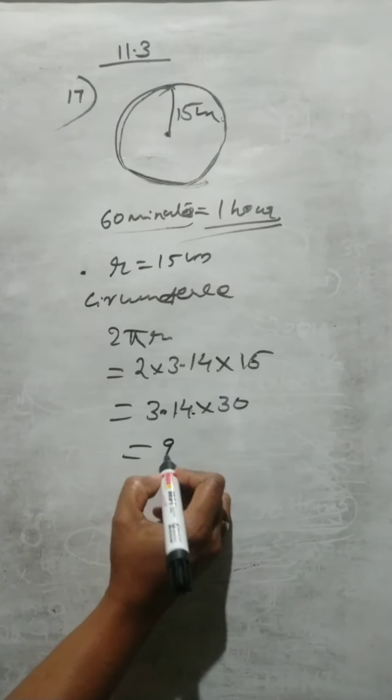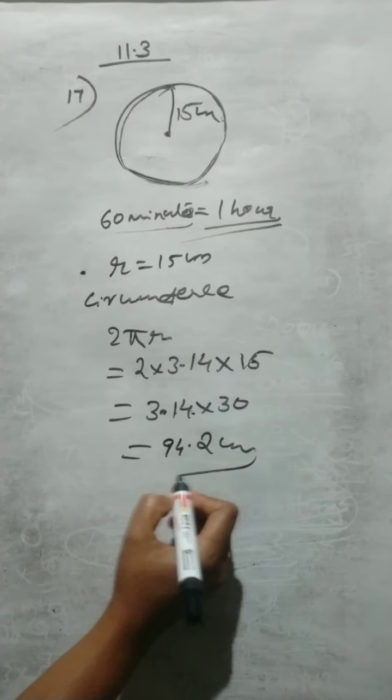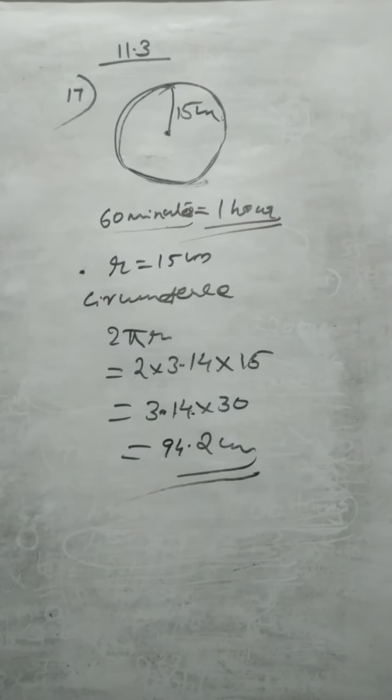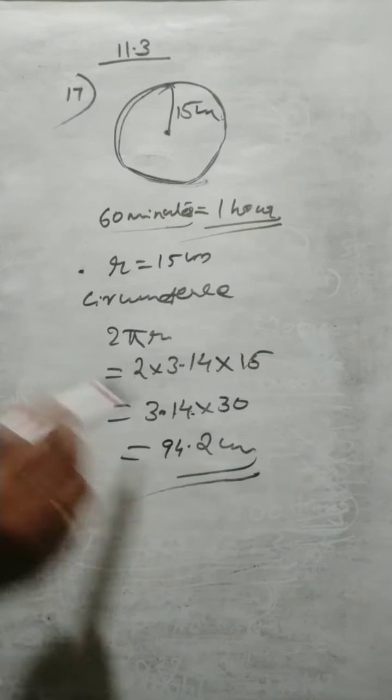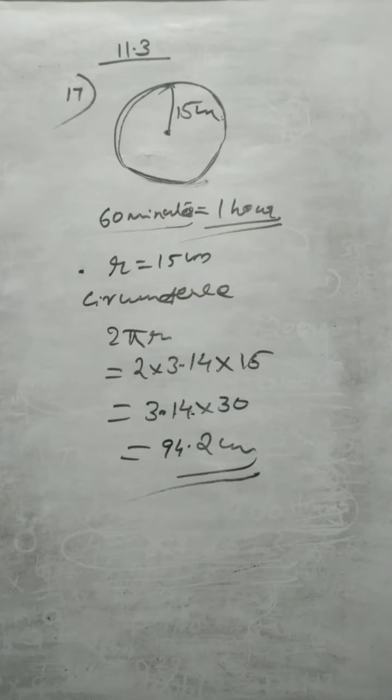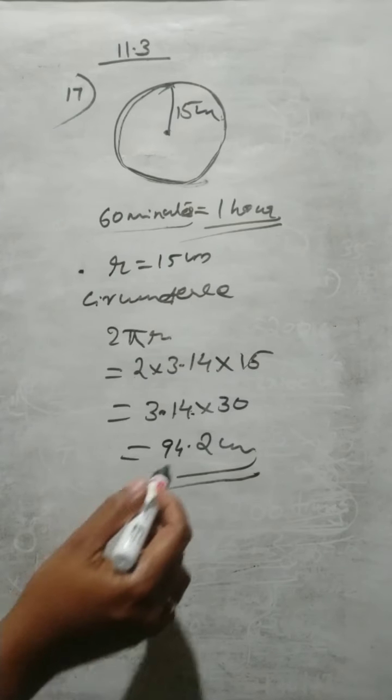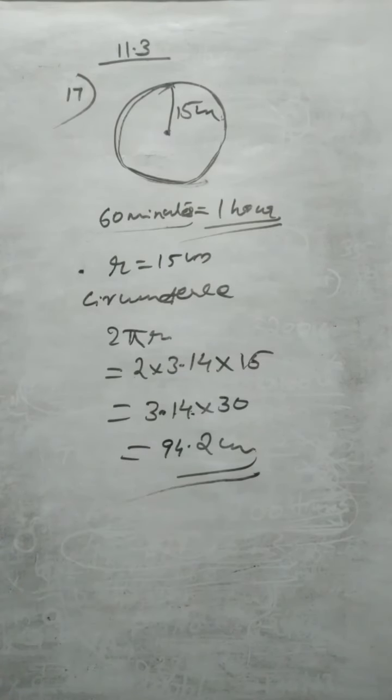So that will be 94.2 centimeter. So the circumference of this circle is equal to 94.2 centimeter. So the minute hand needs to travel 94.2 centimeter.